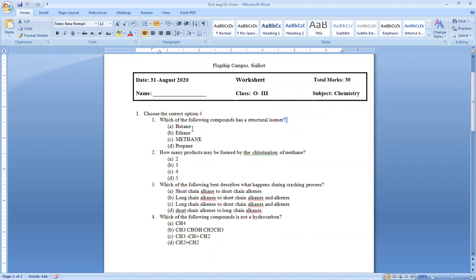As you all know, we have the phenomena of isomerism in the case of hydrocarbons. We also know that isomerism is a phenomena that is found in all the homologous series but is not found in all the compounds.